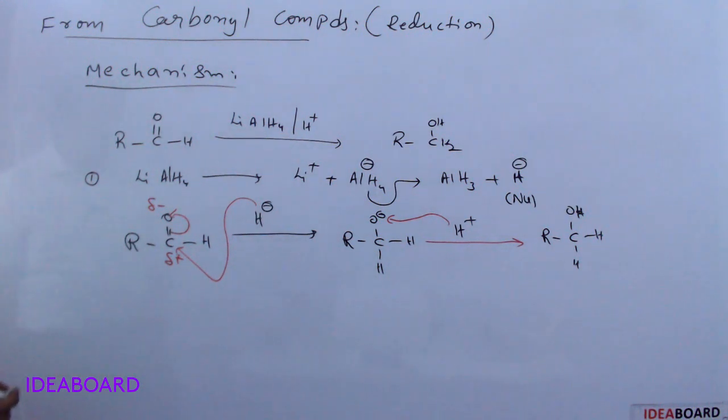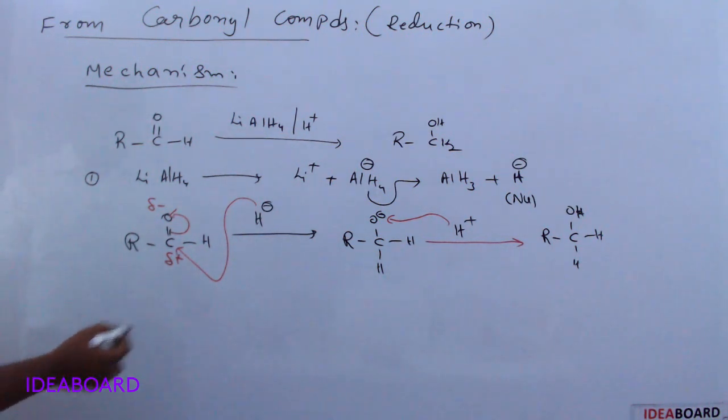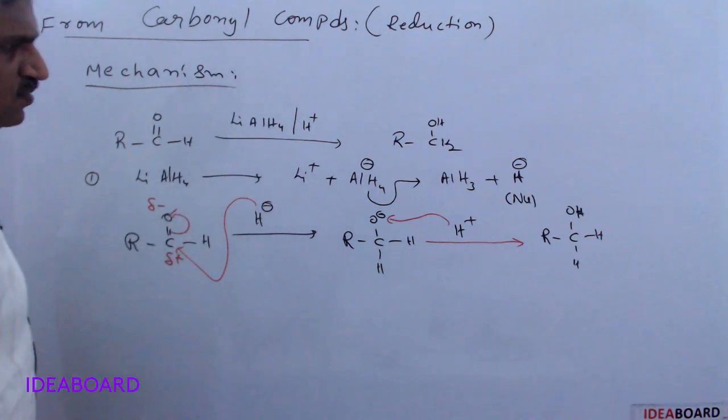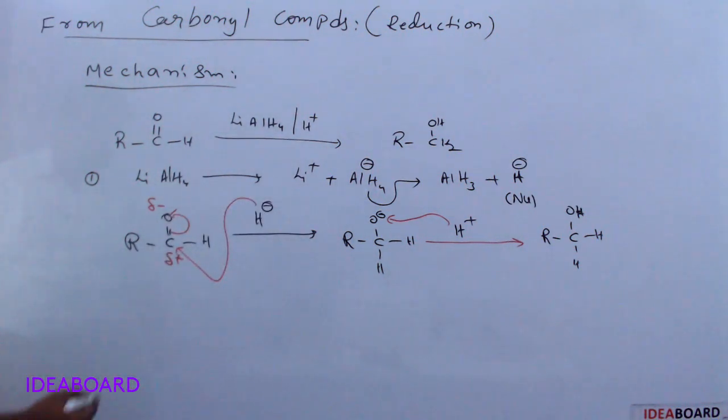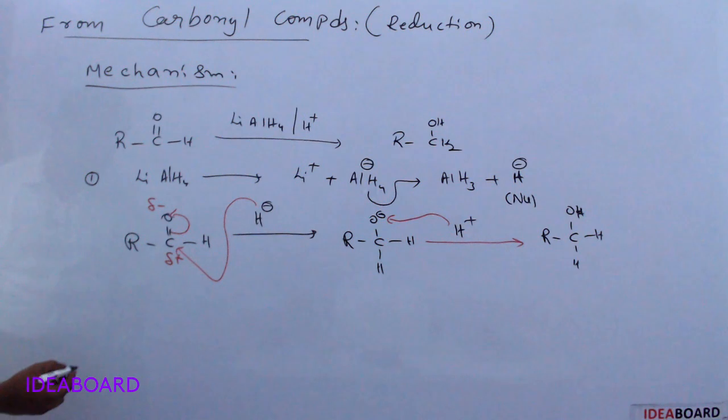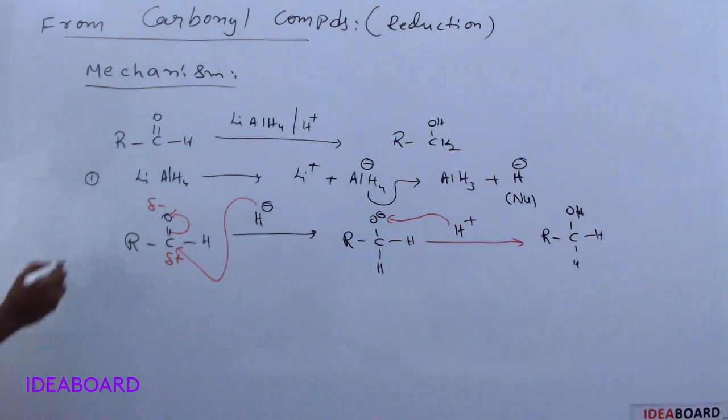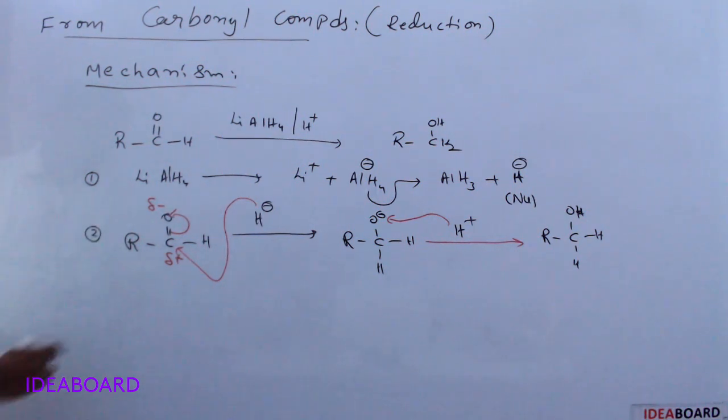Okay, and if you remember this, by taking different isotopes of hydrogen we will get different products as the reaction proceeds. For example, this is the second step of the two-step mechanism.